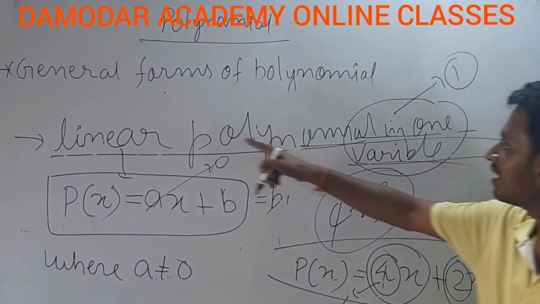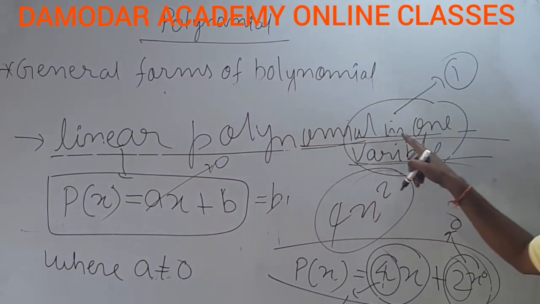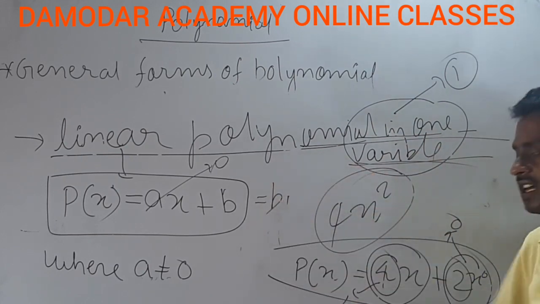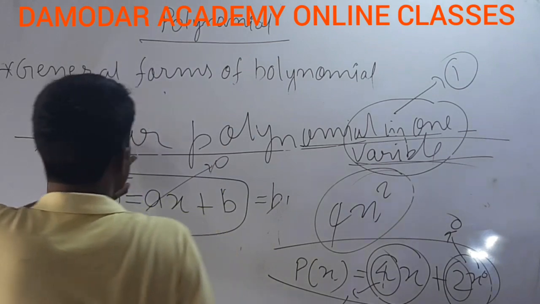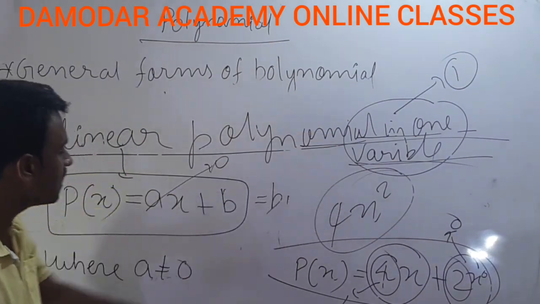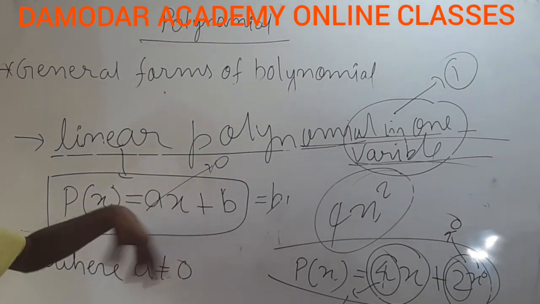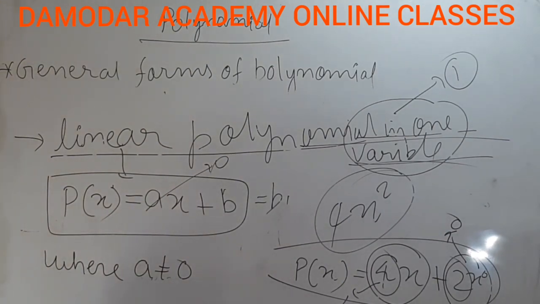And what is this case? This case is linear polynomial in one variable. There is no variable, and we have written one variable must be there. So, the general form of a linear polynomial in one variable is P(x) is equal to ax plus b, where a is not equal to 0. Okay?